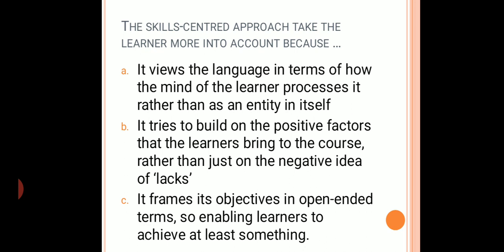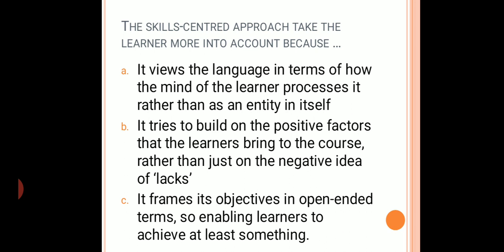So the skill-centered approach takes the learner more into account because it views the language in terms of how the mind of the learner processes it, rather than as an entity in itself. It tries to build on the positive factors that the learners bring to the course, rather than just on the negative idea of lacks. And it frames its objective in open-ended terms, so enabling learners to achieve at least something.